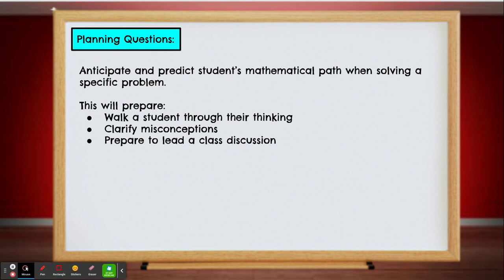So a student might make an error in a problem when they're processing their strategy, and we are here as facilitators to clarify that misconception. And the last thing is, it will prepare the class to lead a discussion. If we anticipate and predict all these behaviors, it becomes easier for students to take their own path of discussion.